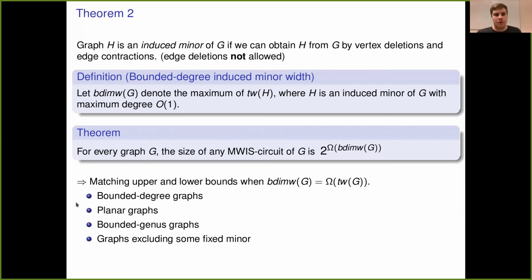So for really large classes of sparse graphs, we have a lower bound for MWS circuits that is exponential in tree width. And therefore, dynamic programming by tree width is again a polynomially instance optimal algorithm in all of these graph classes.